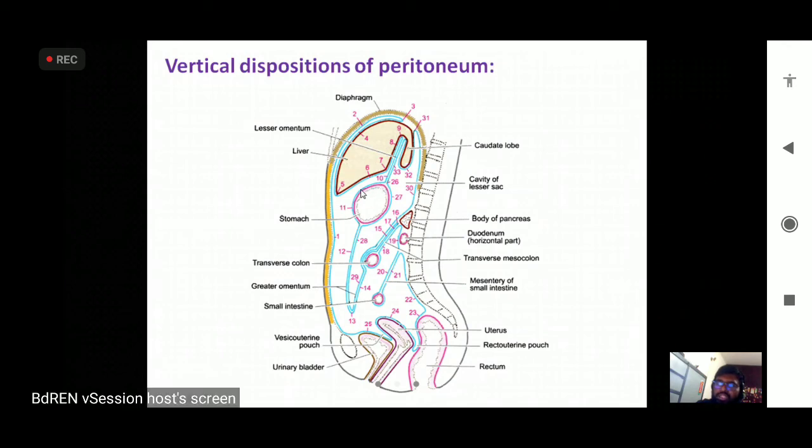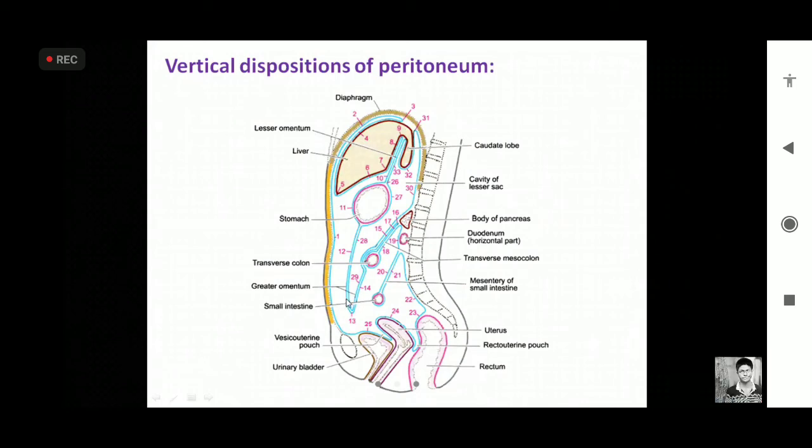Then it runs around the anterior surface of the stomach to reach the greater curvature of the stomach. Then it goes downwards as the anterior layer of the greater omentum. The greater omentum has four layers: first, second, third, fourth.